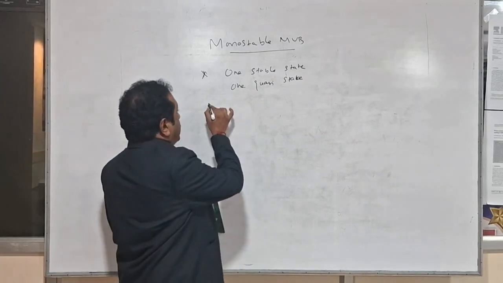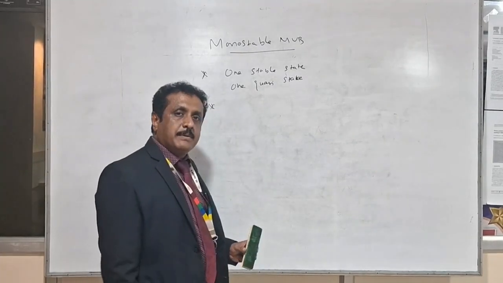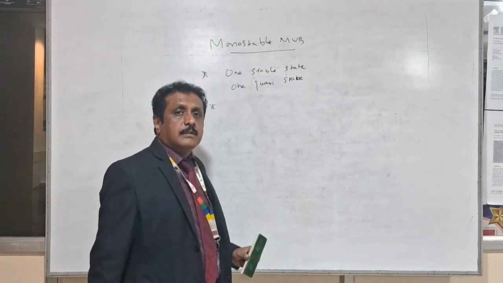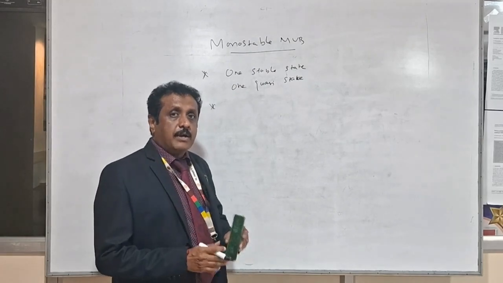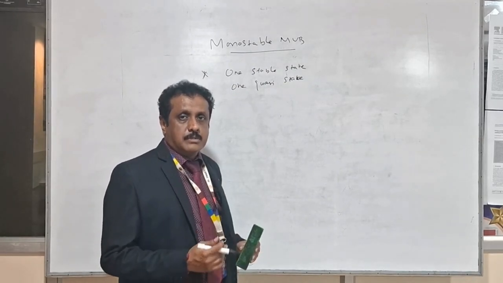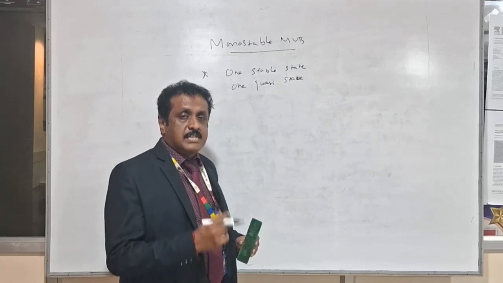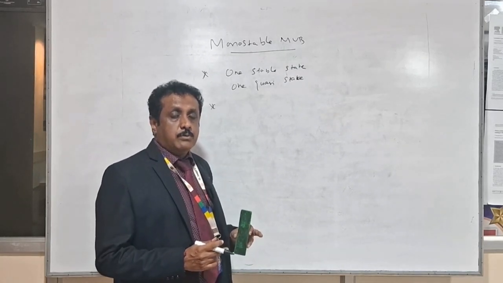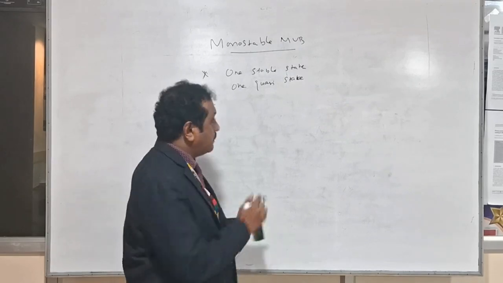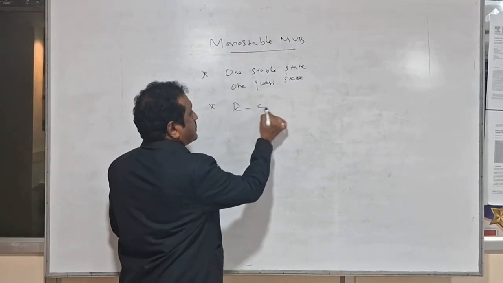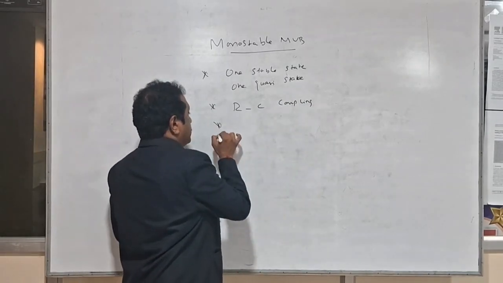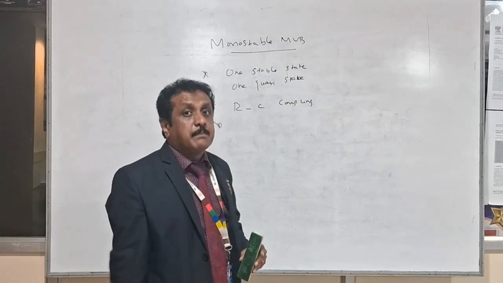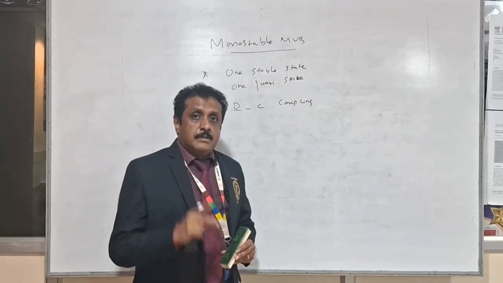The second important difference among these three types of multivibrators is the type of coupling. What type of coupling are we going to use? In astable multivibrator, we used capacitive coupling. Here we use resistive capacitive coupling. And third, how many external trigger pulses are required for its operation?